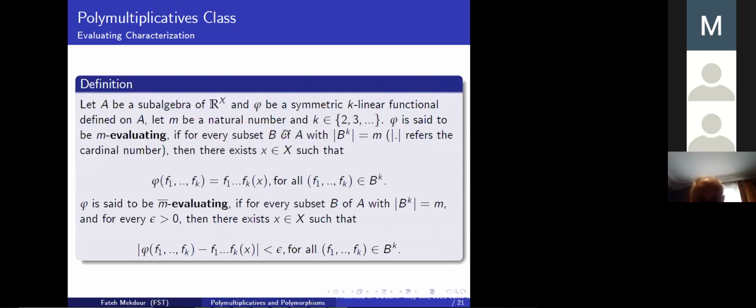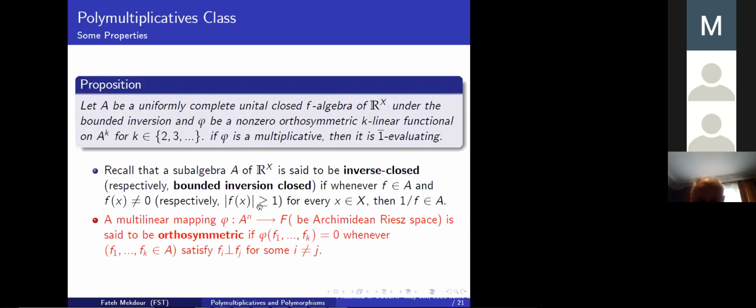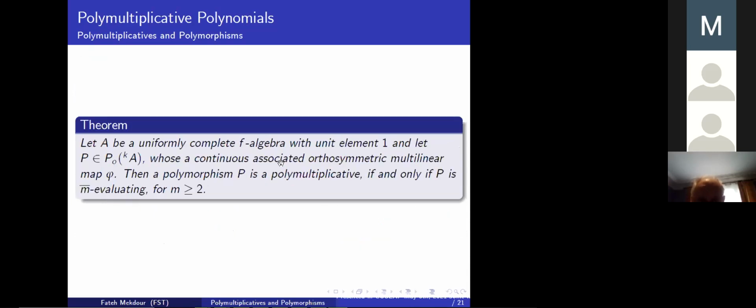But in your last result, you take a general F-algebra, I think. You talk about this theorem, yes. What does M-evaluating mean here? Because it's not a subalgebra of R^X.